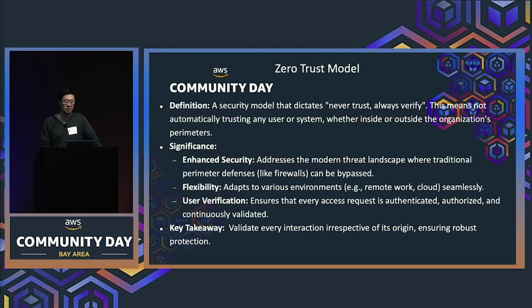So this addresses, for example, the modern threat landscape where traditional perimeter defenses like firewalls can be bypassed, because statistics show that over 70% of attacks actually happen inside the enterprise, not from outside. And if that's the case, how do you protect against intrusion, attacks on the database, and data leakage when you're within the organization?